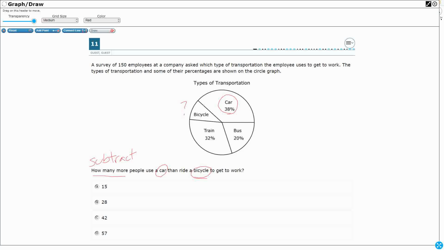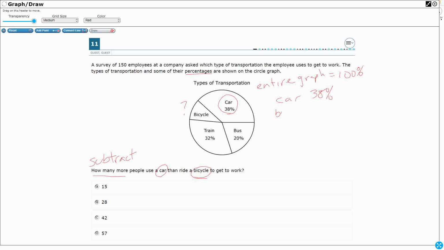What is a bicycle? So what we need to know is that if it's a percentage circle graph, that means the entire graph, the whole thing, is one whole, right? So that equals 100%. So when we're trying to figure out what's going on with the bicycle, well, I've got my car at 38%.